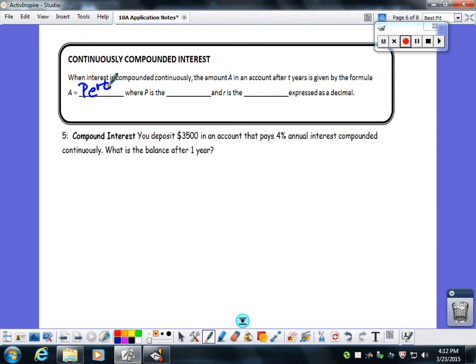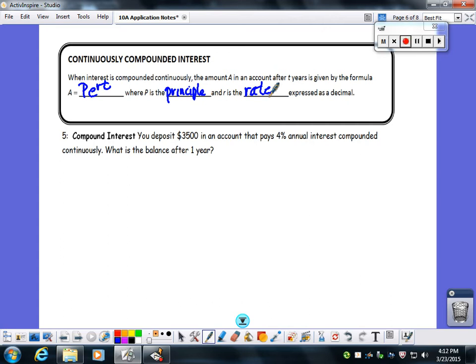I'll call this my PERT formula, where P is the principal, and R is the rate. When it's compounded continuously, the principal is constantly earning interest, and the interest keeps earning on the interest earned. So you keep earning all the time. You add a little bit to your money and you keep earning.